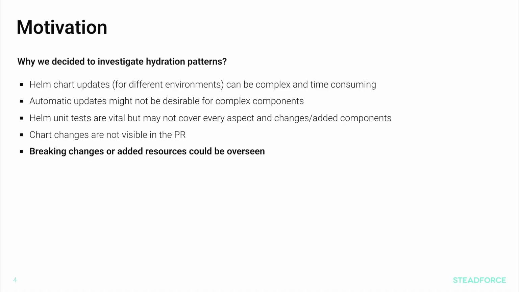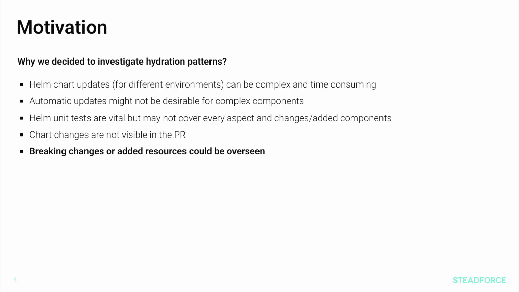So we introduced some Helm unit tests to solve the problems, but you cannot solve all the problems with Helm unit tests. And also on a chart update, you only see one short version update in GitOps history, and that was all. You cannot see what's happening.